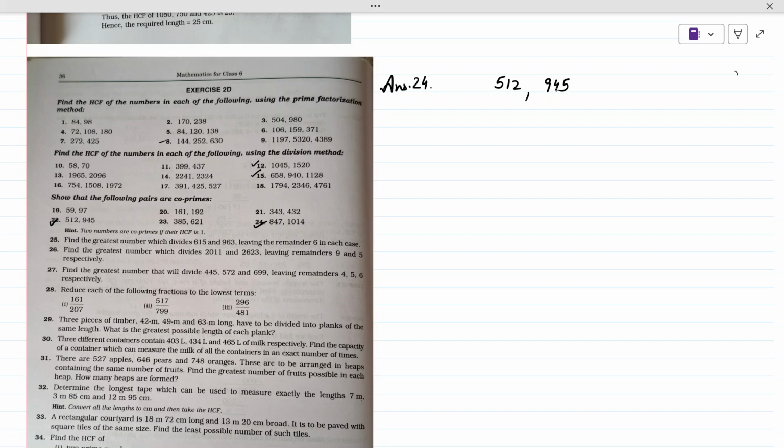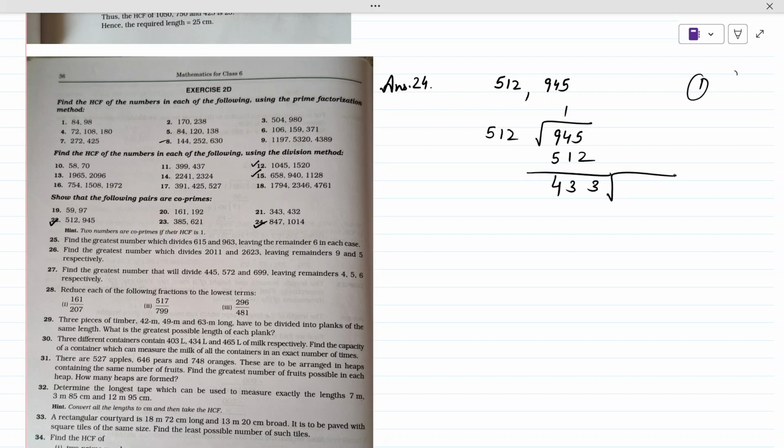So kids, we know that two numbers are co-prime if their common factor is only one. So let's try to find out their HCF and see. So 512 and 945, if we divide, we will get 5 minus 2 is 3, 4 minus 1 is 3, 9 minus 5 is 4.